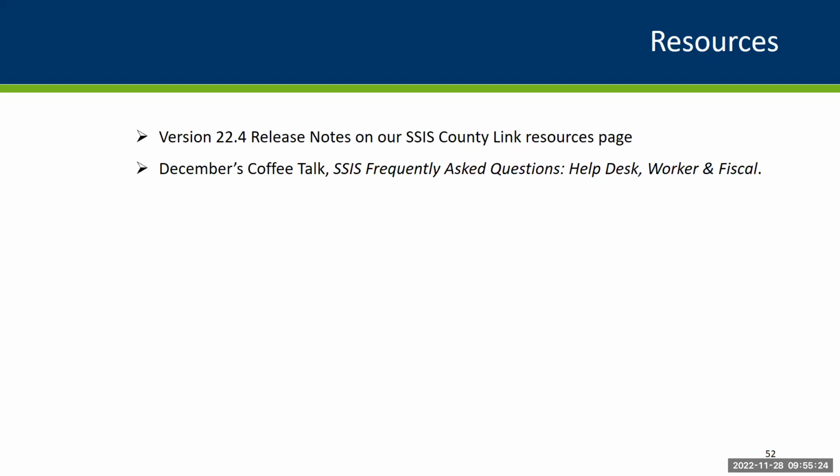This session will focus on helpful reminders from the SSIS help desk, common questions and answers from the SSIS worker subject matter experts, as well as the review of some of the recent claiming and proofing updates with the SSIS fiscal SMEs. And Tom Jones, the Division Manager, will begin the Coffee Talk by sharing status updates related to SSIS technical issues.